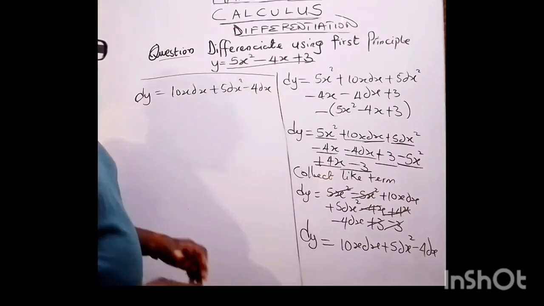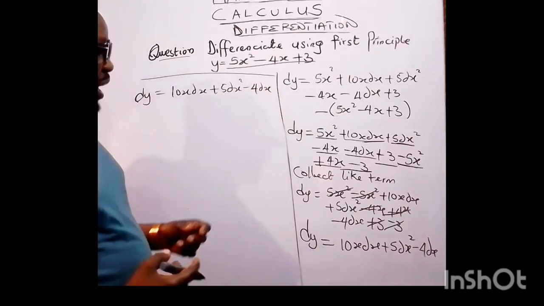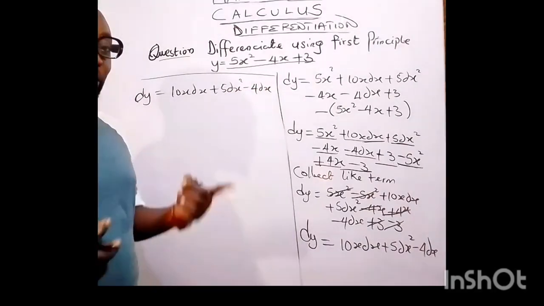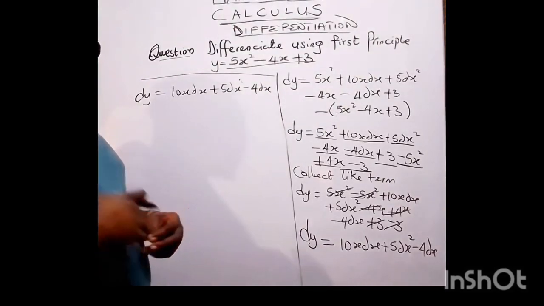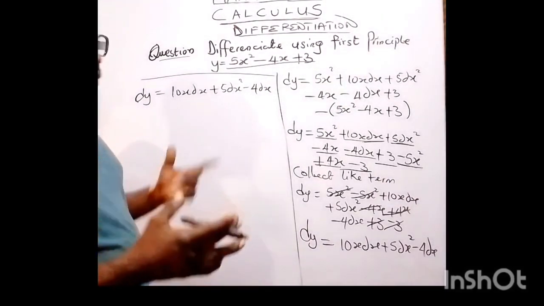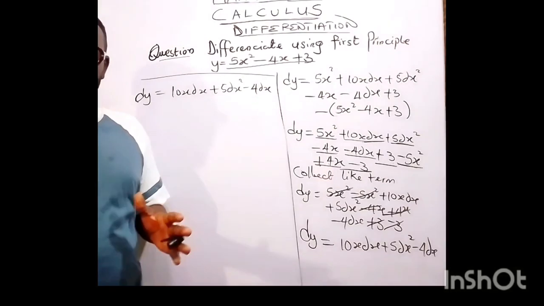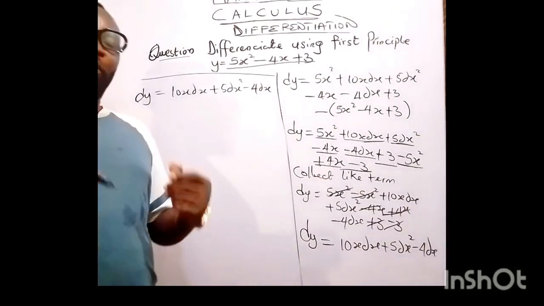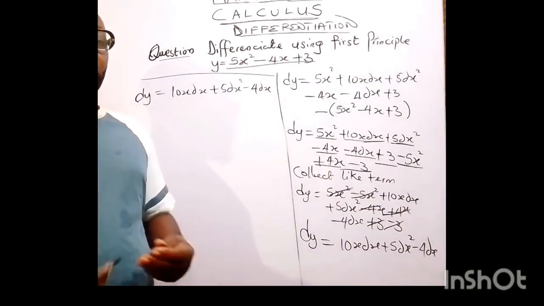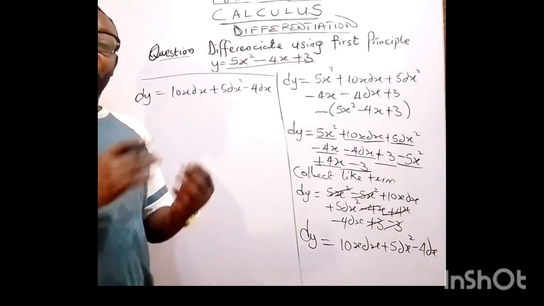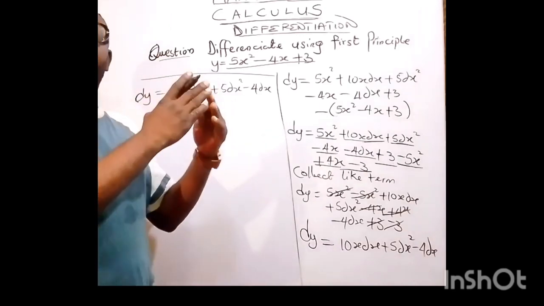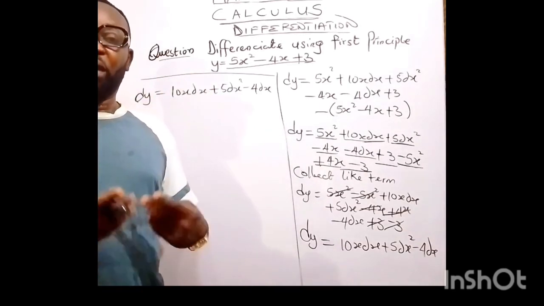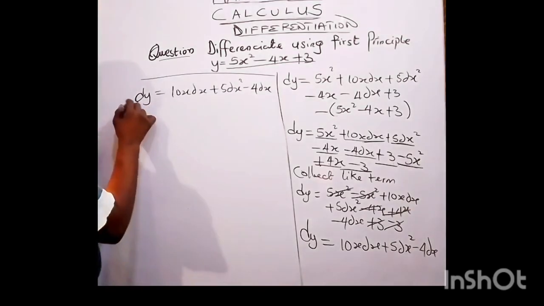At this stage, what we are asked to find is dy/dx. So you can now say dy/dx will be equal to this value. For us to be able to say that, you will say divide through by dx, because what we are trying to look at is the ratio of the change in y-axis compared to the change in x-axis. So you can now say divide through by dx.